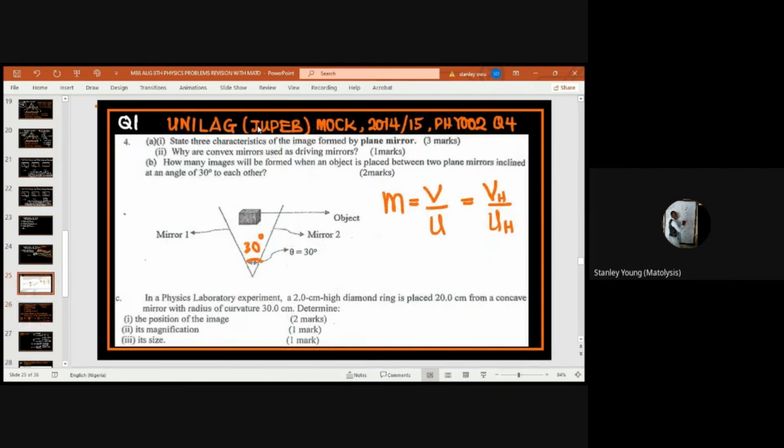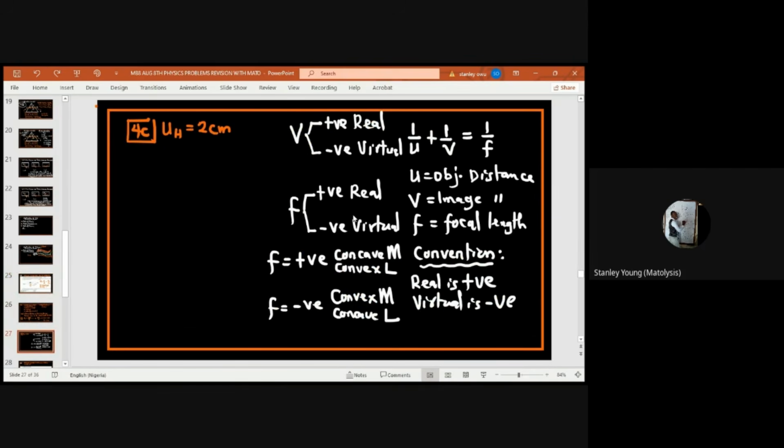Please, VH means image height or size. U means object height or size. So what the question gave you here is for the object, right? Moving on. It is placed 20 centimeter from a concave mirror. That's a distance. That's object distance U equals 20 centimeter, right?